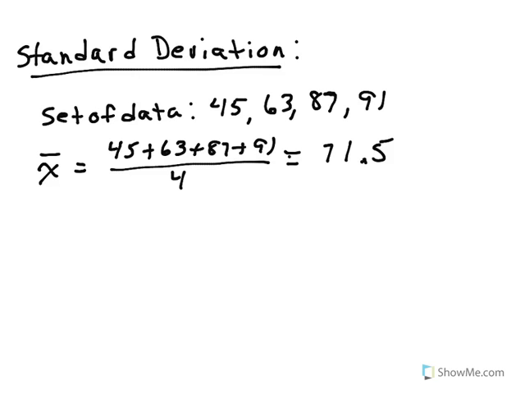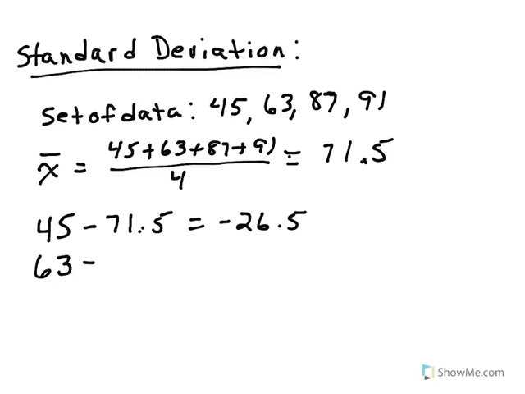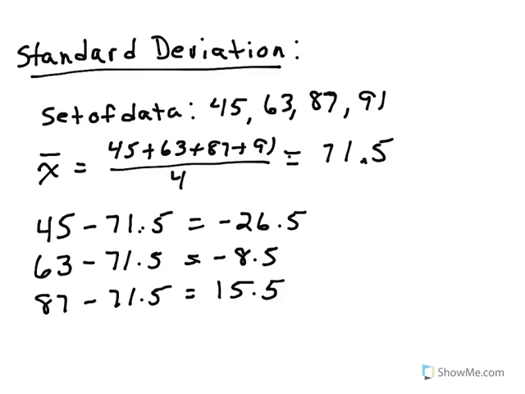Now, to find the standard deviation, we take each value in our set of data and subtract the mean. Every single value. So 63 minus 71.5 gives us negative 8.5. 87 minus 71.5 equals 15.5.